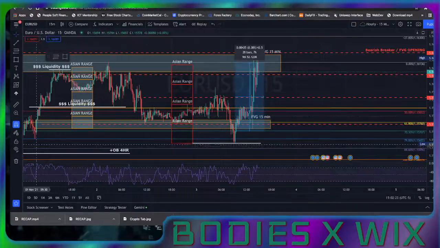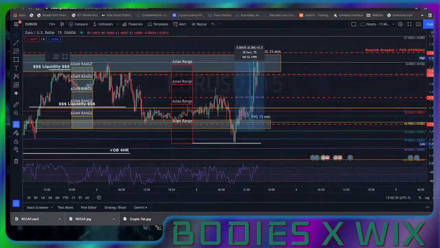Me talking about what to look for in premium and discount arrays, when you should put a fib, where you should be looking for the turnaround once it pulls back, all that stuff. It all basically came true today, going through all these different scenarios. So that's what I wanted to show you guys today.